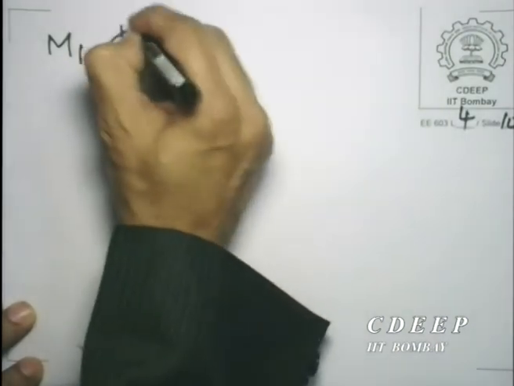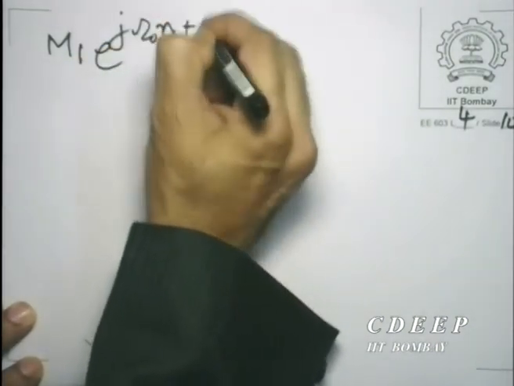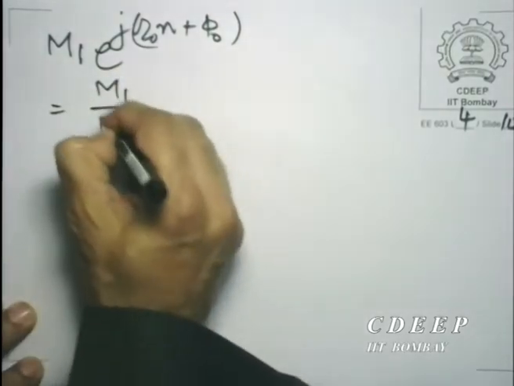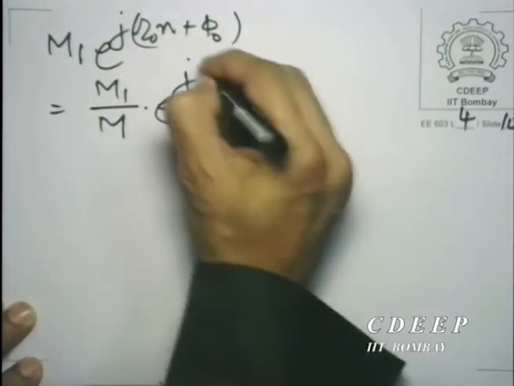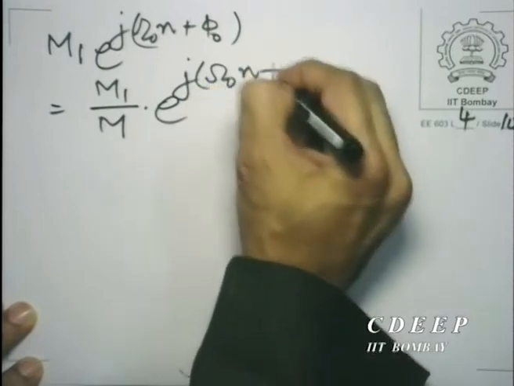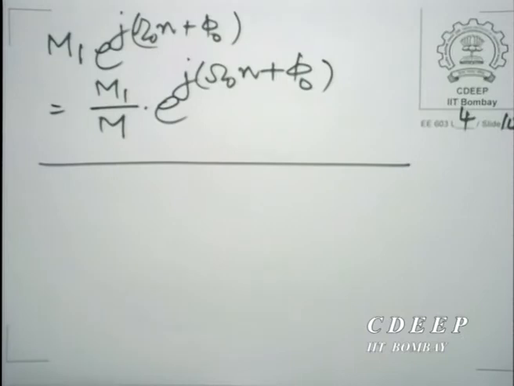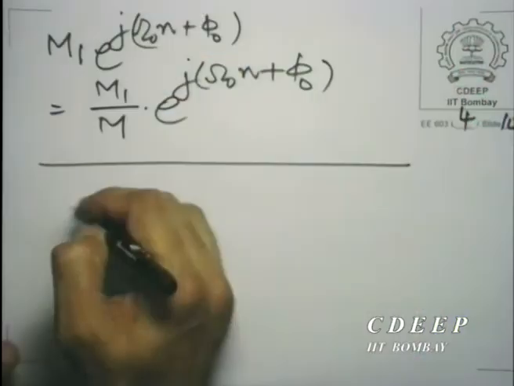If I were to change the amplitude, m e raised to the power j (omega naught n plus phi naught) is of course expressible as m1 by m times e raised to the power j (omega naught n plus phi naught). This is of course obvious. When I change an amplitude to m1, it is equivalent to multiplying that number by m1 by m, simple enough. But the more interesting thing is the phase.